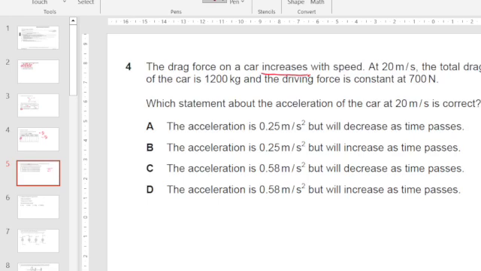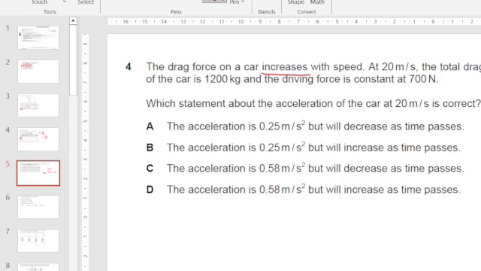The drag force increases with speed. At 20 meter per second, the total drag force is 400 Newton. Mass of the car is given and the driving force is also given. So the net accelerating force of the car will be the driving force minus the drag force.